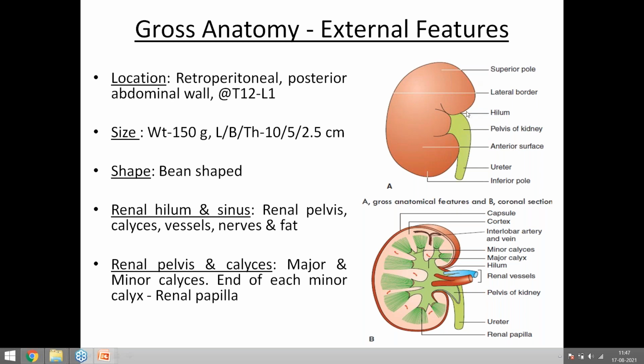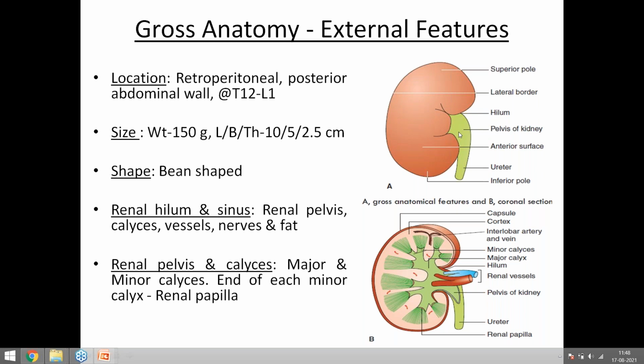Somewhere around here would be the medial margin, this would be the lateral margin, and superior and inferior poles. So this is your superior pole, inferior pole. The lateral margin, as you can see, is convex, and medial margin is concave, where the renal sinus and renal pelvis are located. So this is your renal pelvis.